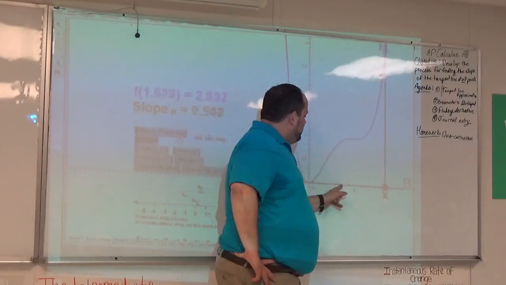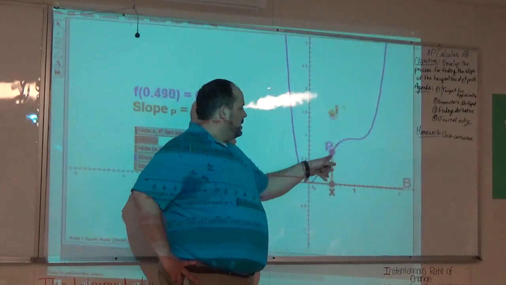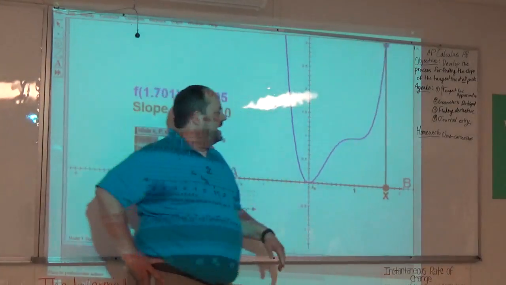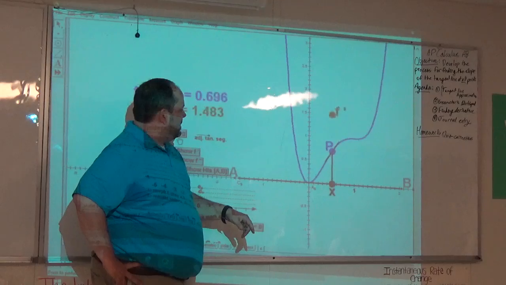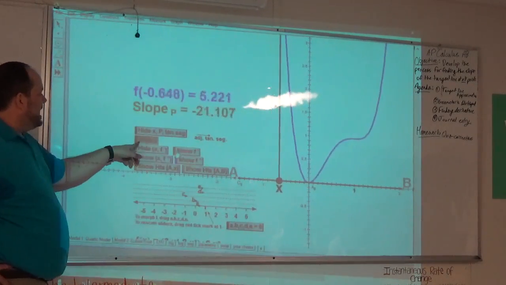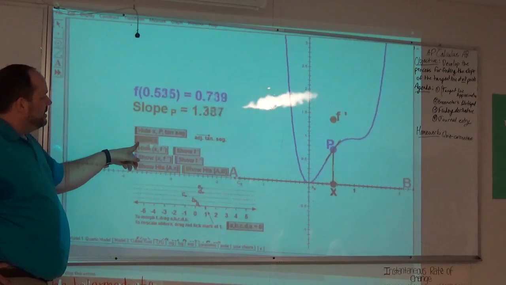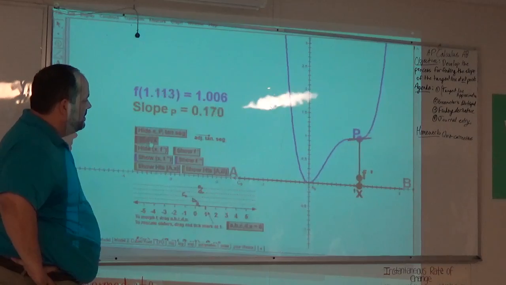As x moves along the x-axis, oh, that's better. Obviously, point P is moving. Your tangent line is changing. The green point, David, when it comes back on the screen, hit pause. Hit it. Okay, let it go for a little bit. There we go.